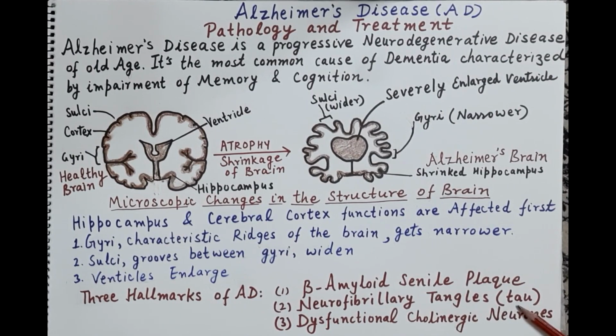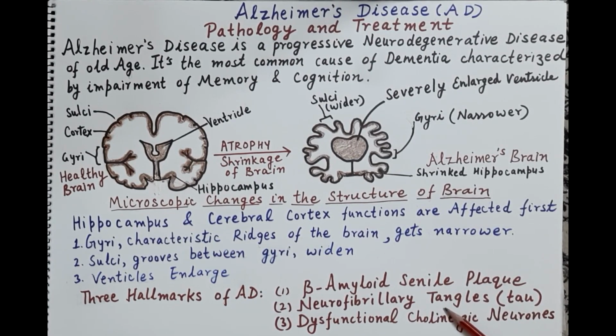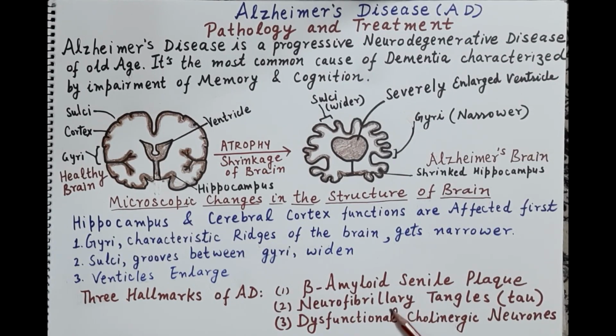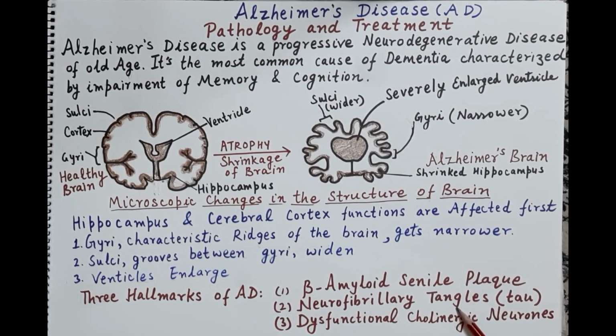Once detached, these phosphorylated tau proteins aggregate together to form neurofibrillary tangles. So the second hallmark is the formation of neurofibrillary tangles within the nerve cells. Because of the formation of these tangles, there is destabilization of microtubules, which disrupts the normal intracellular transport mechanism of a nerve cell.